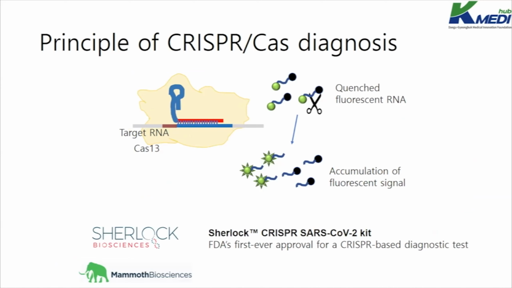And the next part is CRISPR-Cas diagnosis. This CRISPR-Cas diagnosis begins with the discovery of an additional function of the Cas protein. As it is known, enzymatic cleavage occurs when this complex of Cas protein detects a specific complementary sequence.